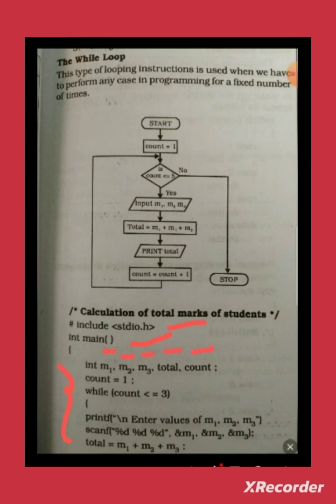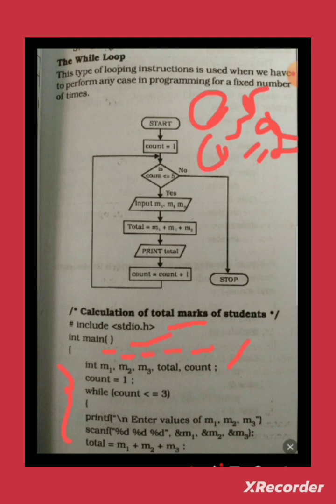To repeat for each student's total marks we need some variable. If count equals 1, then it will calculate the first student's total marks. If the count is 2, then it will take the second student's total marks. For that purpose I am declaring one variable, that is count. So I declared 3 subjects, total and count.